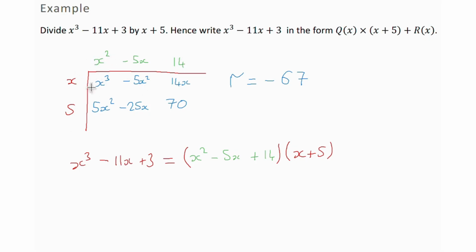But if I do this times this, I get plus 70 at the end, so then at the end I need to take off my remainder, which is minus 67, to get me back to the plus 3. And that's how we can do polynomial division. I work out my quotient and my remainder using the grid method.